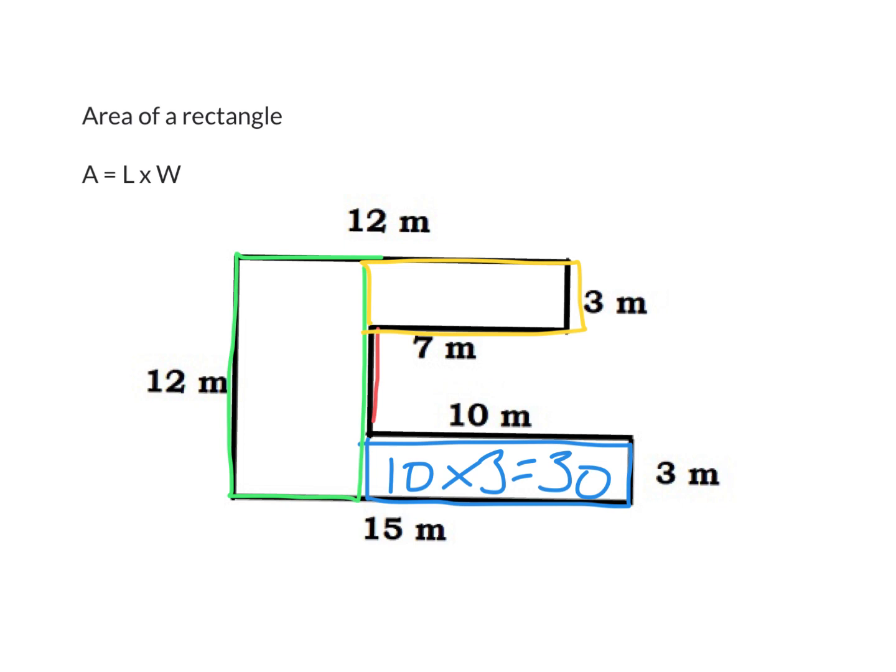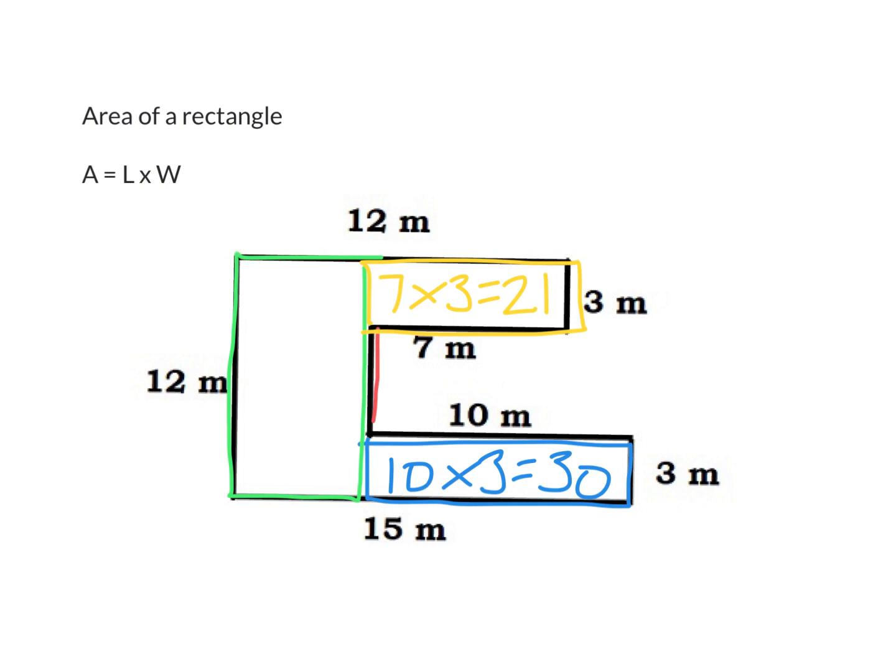Looking up top, again, I have a 7, a 3, and a 12. The 12 is describing the full length, which will not be useful. 7 times 3 equals 21. And then I have the green, which is full length here of 12. And then I have this portion here, which I don't know the length to yet.